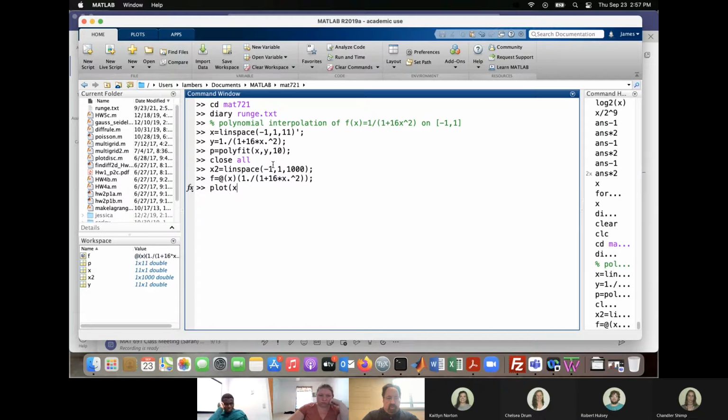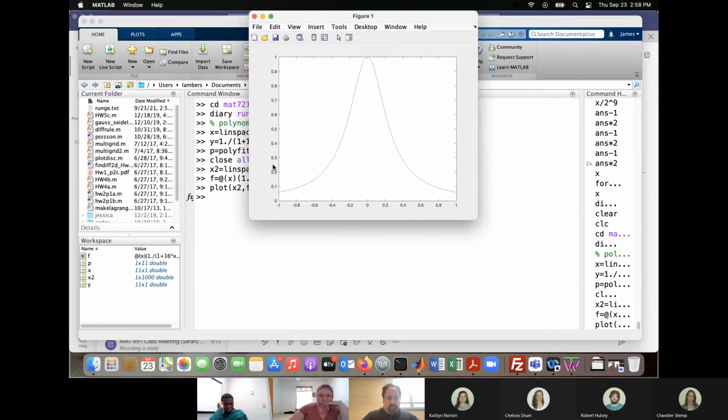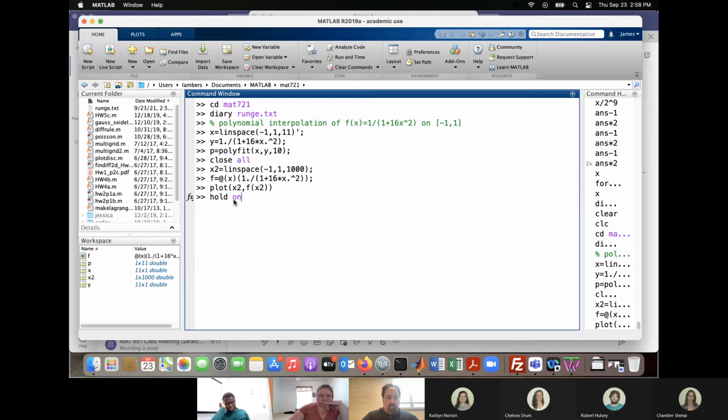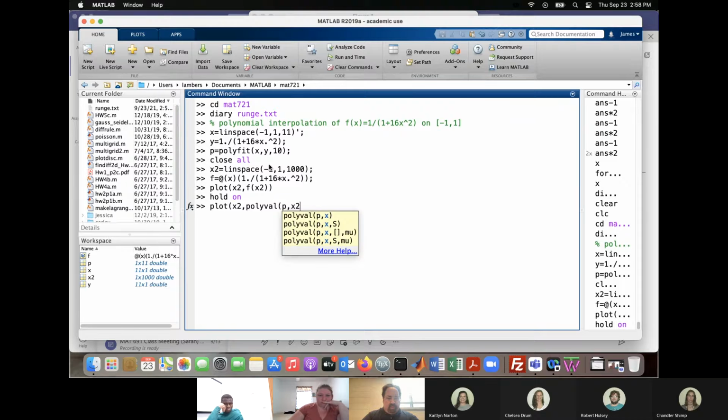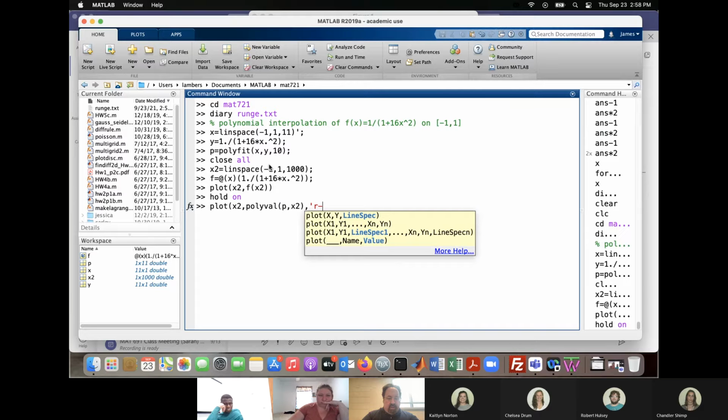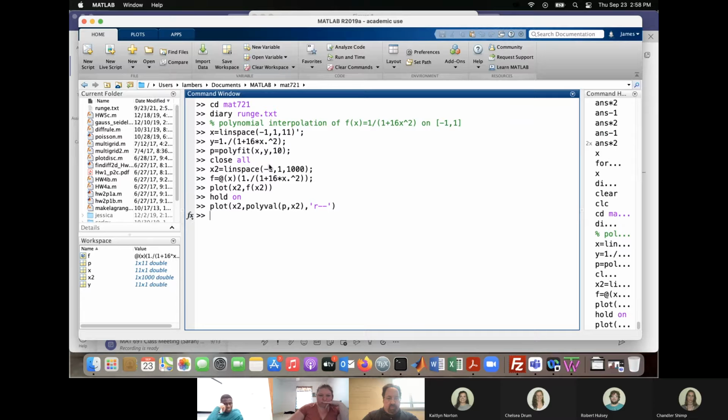Now I'm going to plot x2 and then f of x2. So this is the true function. And then I will superimpose on it, by evaluating the polynomial p at these many equally spaced points, a red dashed curve.